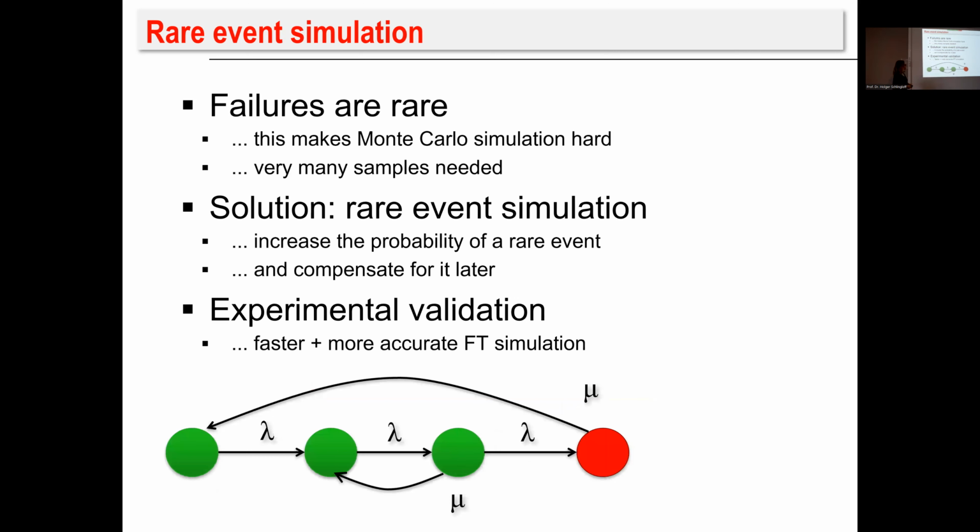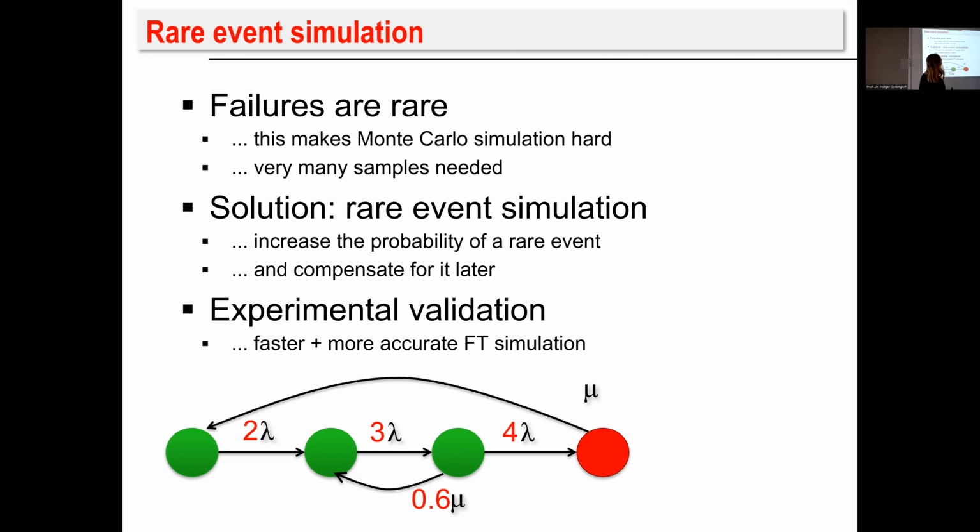You can also do this for exponential distributions. If this is your failed state, you increase your failure probabilities, and you decrease your repair rates. In this way, you have much faster simulation. The nice thing is that for general rare event simulation techniques, this is often done manually.